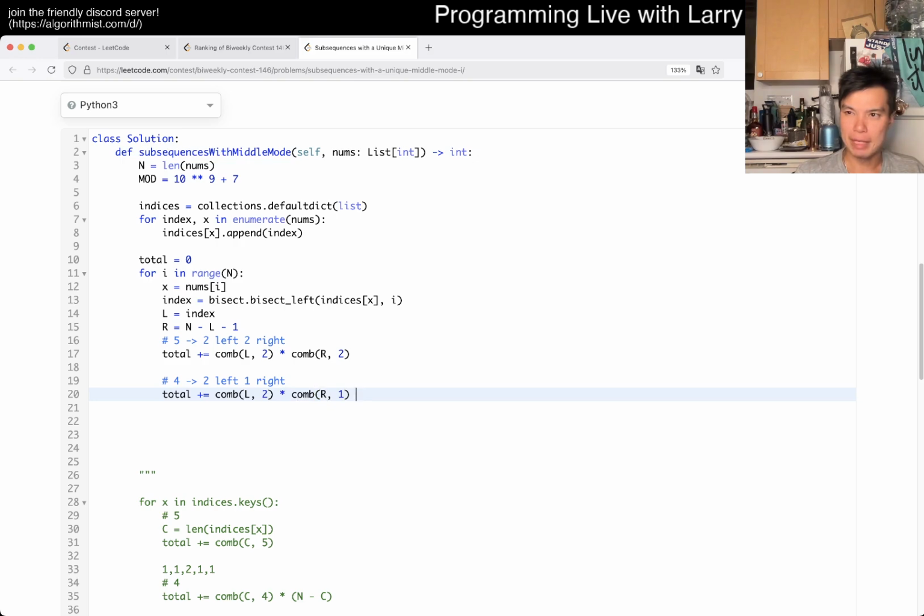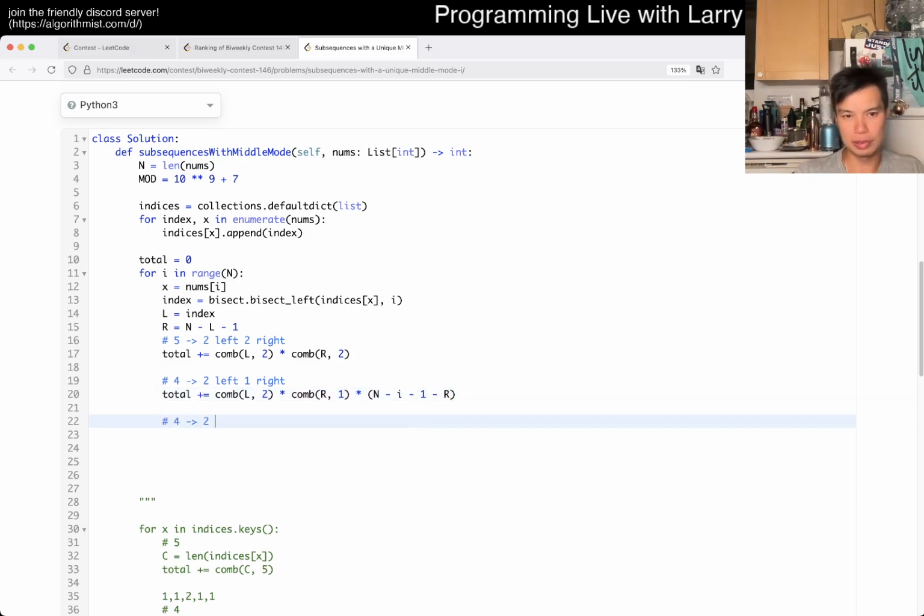And then one of any number that is not R on the right side, right? So that means that on the right side, it's going to be n minus i minus 1, and minus R, for we cannot choose those, times, no, that's it, right? Because you only choose 1. I guess technically it's just choose 1. We want to be more precise, but okay. And then 4 to 1 left, 2 right is going to be the same.